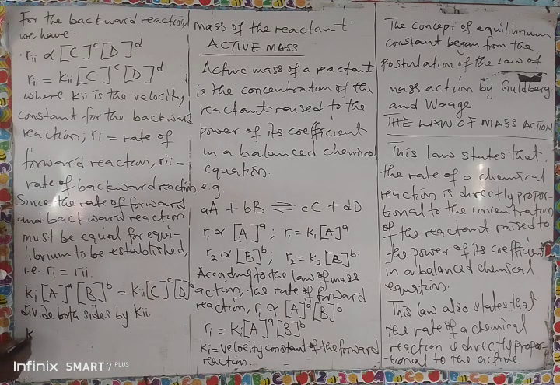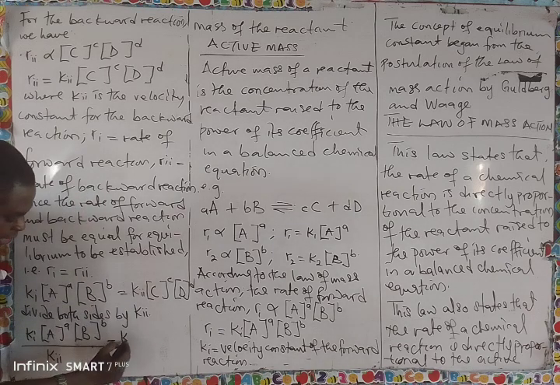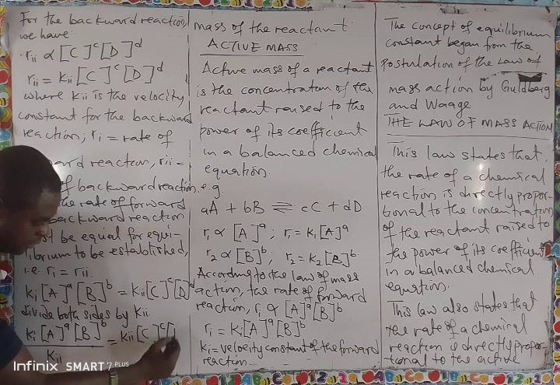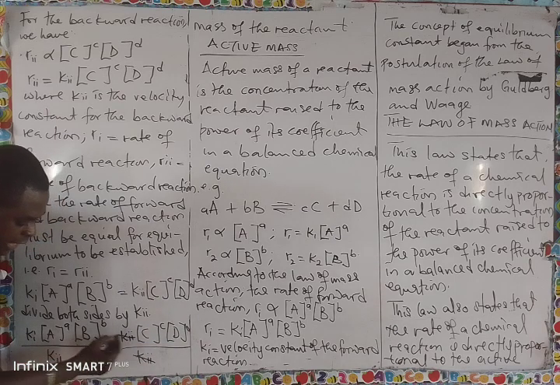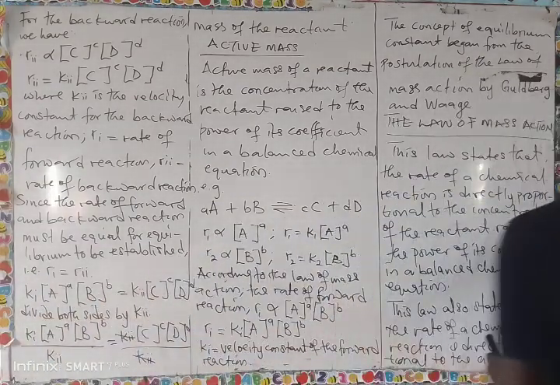We will now have K1 A raised to the power A, B raised to the power B, everything divided by K2, is equal to K2 C raised to the power C, D raised to the power D over K2. So this K2 cancels this K2. Are we seeing what I'm doing here? Okay, let me clean here now.